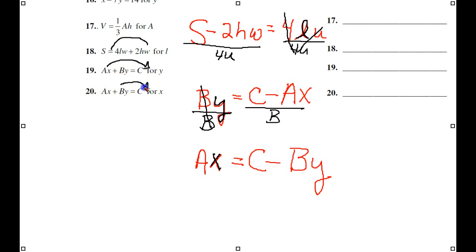So we're going to transpose that. It goes on the other side, just opposite sign. And we divide now by a. And don't forget to make a division bar that captures both of these on top, because that's a grouping symbol. The a's cancel out. Okay, 16 minutes, not too bad.